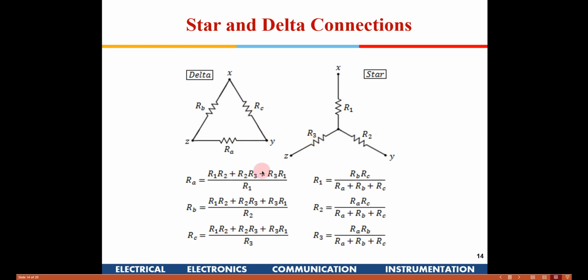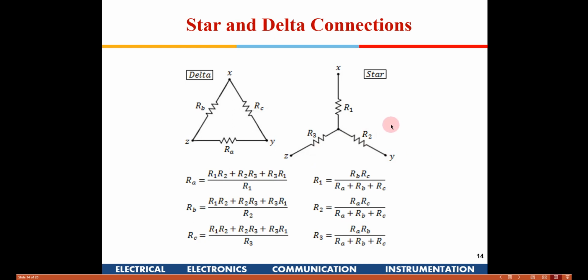This can be written in a different manner also in certain textbooks. RA can be written as R2 plus R3 plus R2 R3 divided by R1, since the R1 gets cancelled in the other terms. So you can remember it that way also.